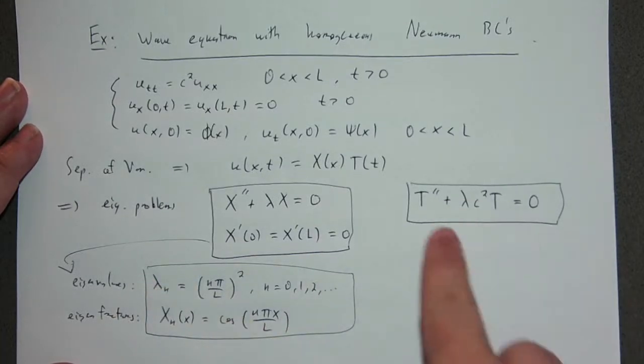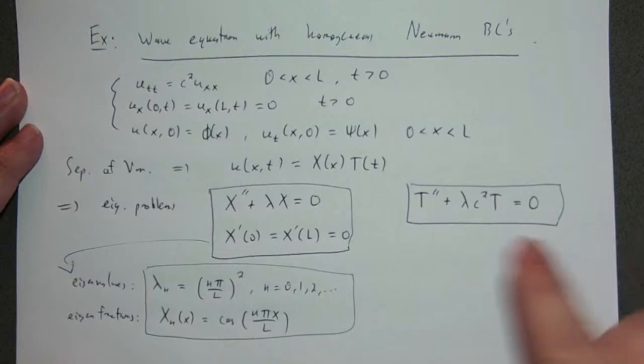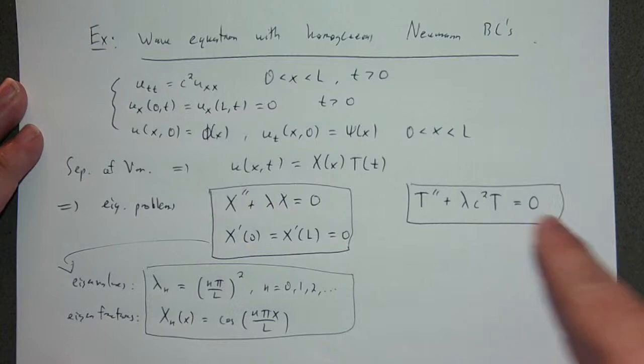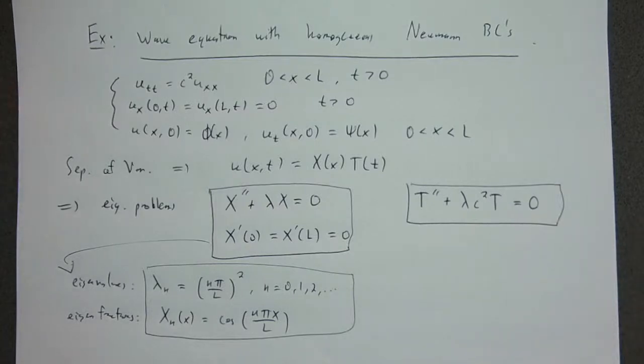I can immediately write T is now a linear combination of cosines and sines of n pi ct over L, with coefficients that, if you had to guess, you're probably going to say are the Fourier cosine coefficients, and you would indeed be right. But then the question is, I have to take care of this lambda naught, the lambda equals 0 eigenvalue case, separately to make sure that when I write the form the solution takes, I get everything right.